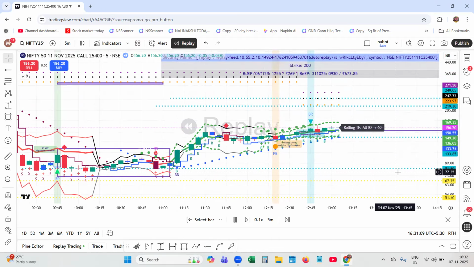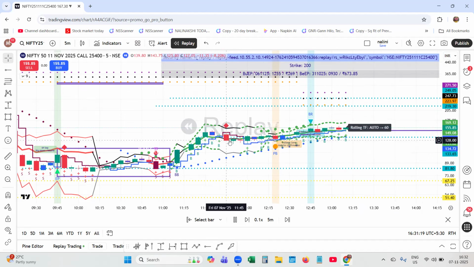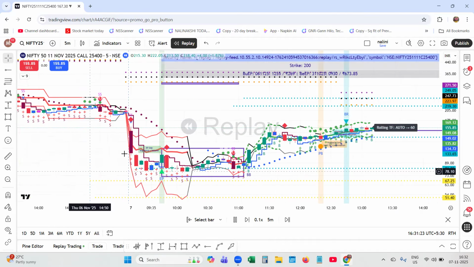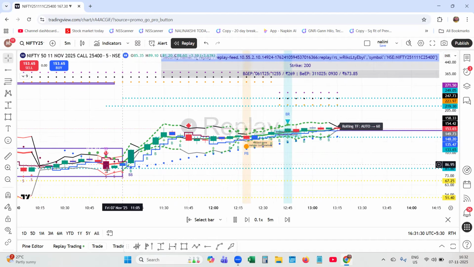Just watch out, friends. Now 1 p.m. still the market has gone sideways for 2 hours, from 11:45 to 1 o'clock. Same thing it did: 2 hours sideways, and again after the up move, it is going sideways.